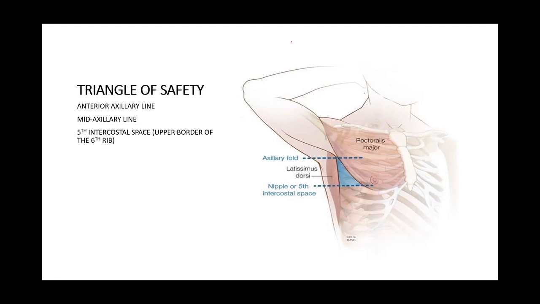So the tube should go through the upper border of the lower rib in the intercostal space you are passing the tube.